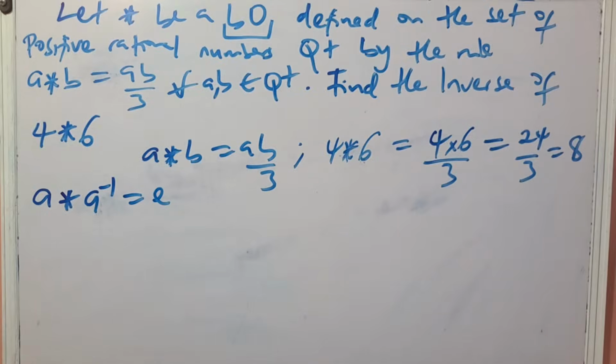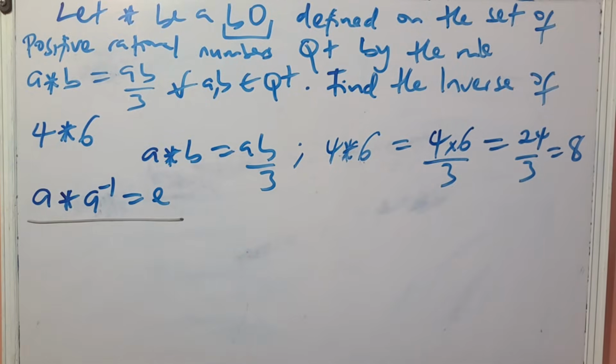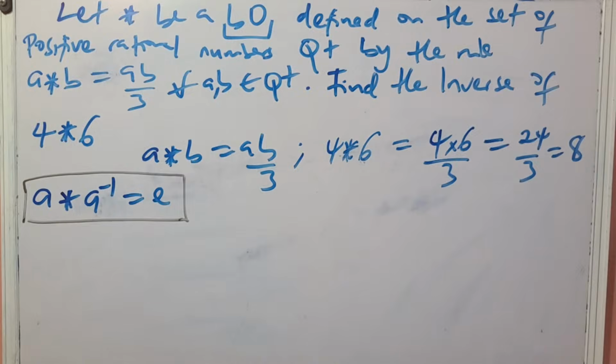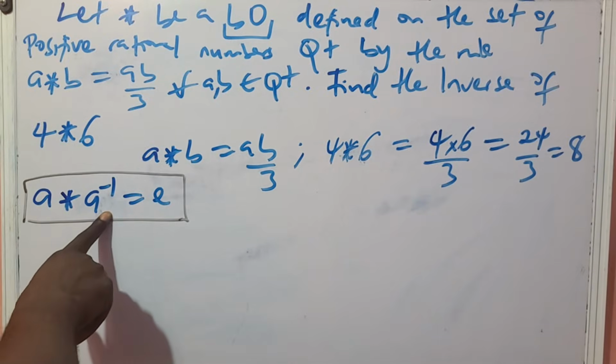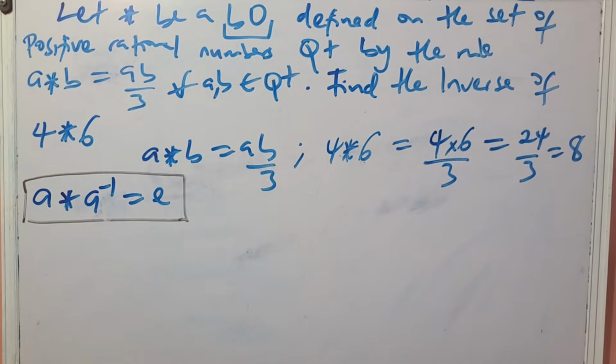Always note this down right now. It's a very, very important aspect of binary operation. What this reads is an element with its inverse equals the identity element.